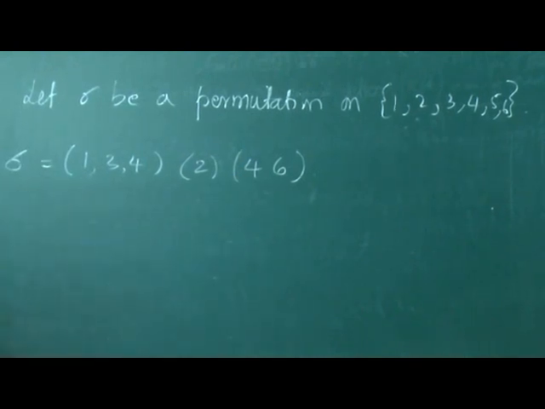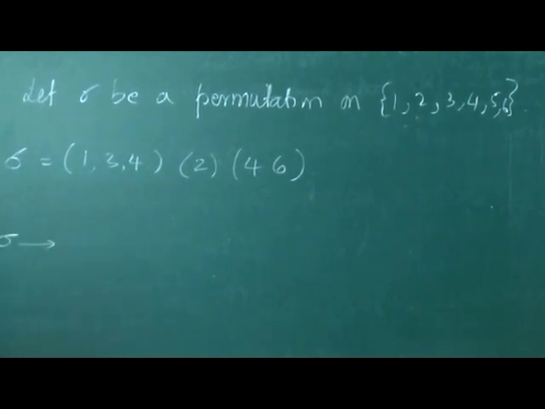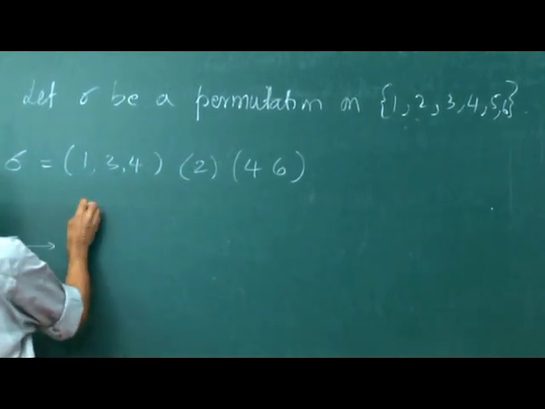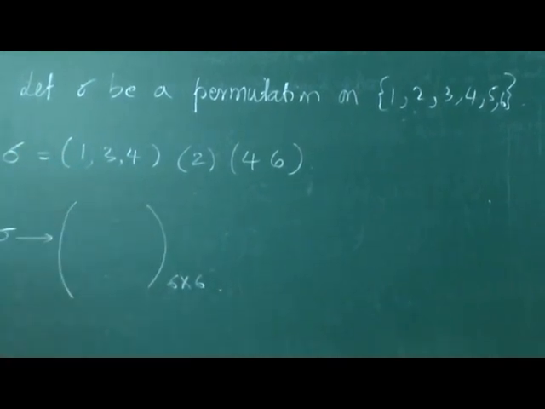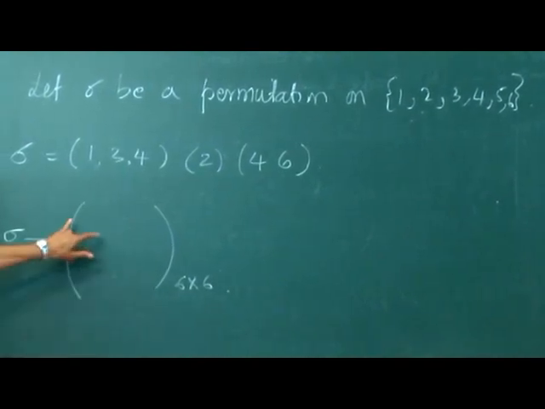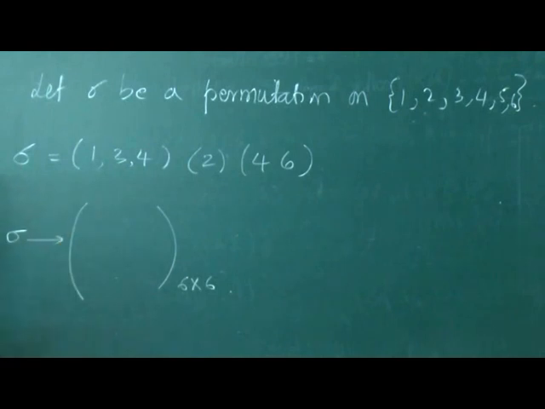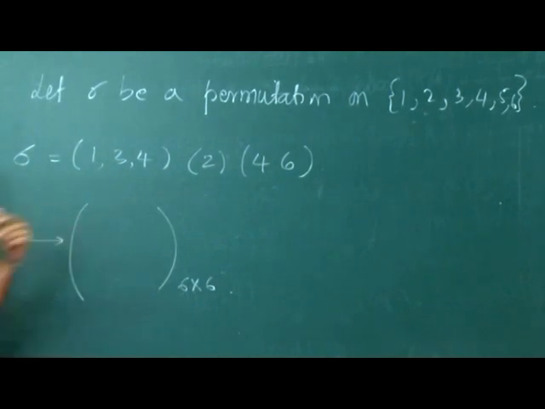Now what I do is, to each sigma, I am going to assign a matrix, a 6 by 6 matrix. To each permutation, I am going to attach a matrix of 6 by 6 size which contains only ones and zeros. So how do I attach it?